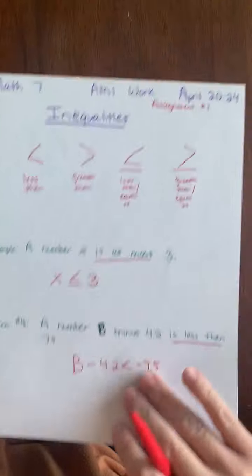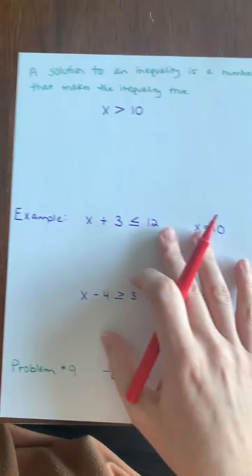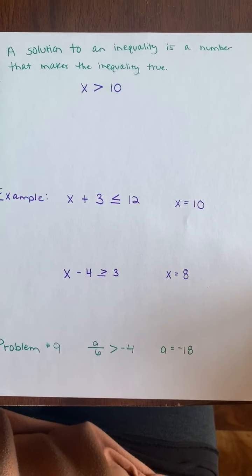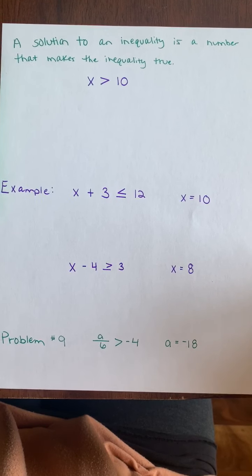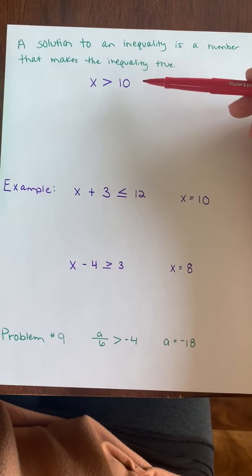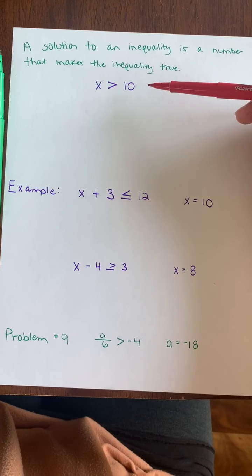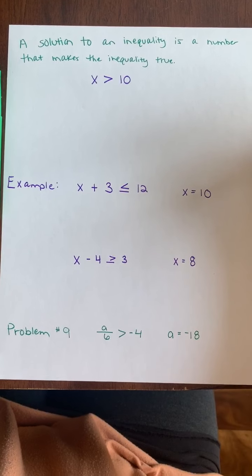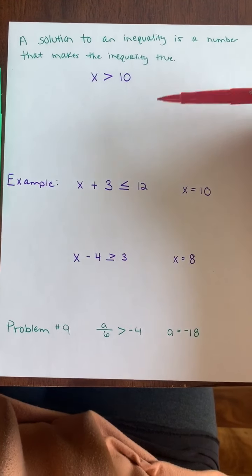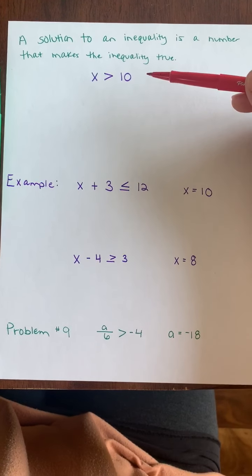The second part of the assignment asks us about solutions to inequalities. And a solution to an inequality is any number that makes that inequality true. So if we look at this example, x is greater than 10, we want to think of all the numbers that would make that true. There are a lot of numbers that are greater than 10.